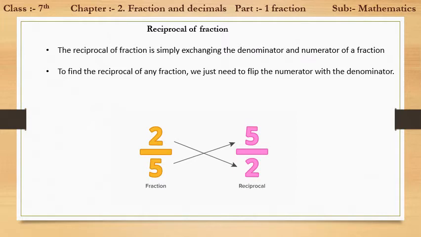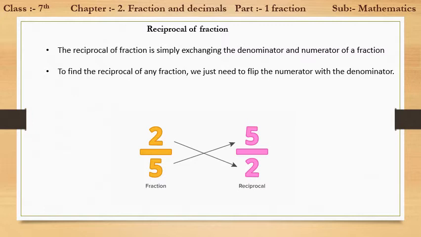Next one is the reciprocal of fractions. How can we find the reciprocal of a fraction, and what is it? The reciprocal of a fraction is simply exchanging the denominator and numerator of the fraction. If we exchange the denominator with the numerator and the numerator with the denominator, then we get a new fraction. That new fraction is the reciprocal of the given fraction.